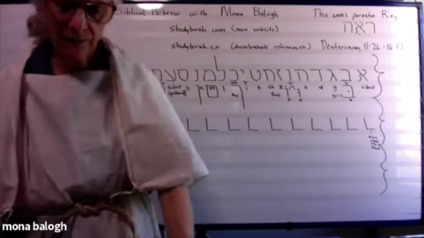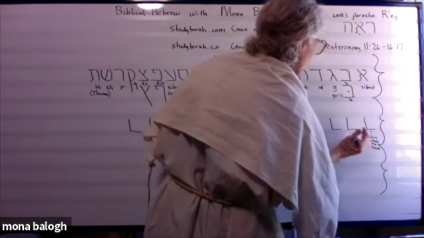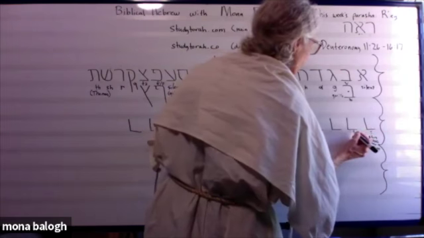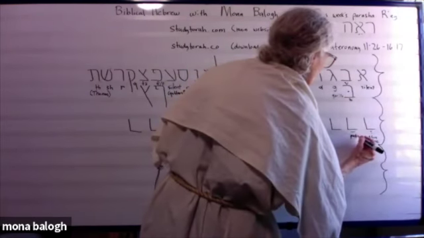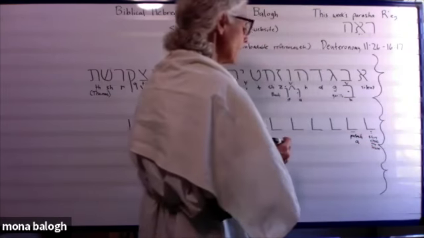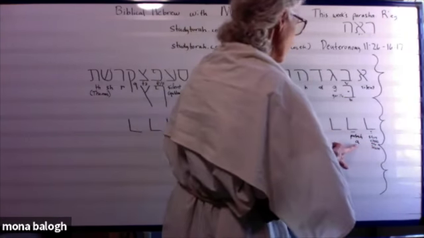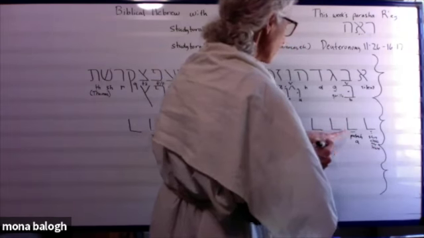Okay, patach. Next is the patach, and it's like the dots and the dashes in Morse code. Patach is just a dash. And that has the short ah sound. That would be, if that was a lamed, that would be la.